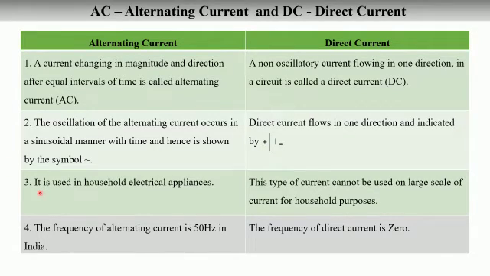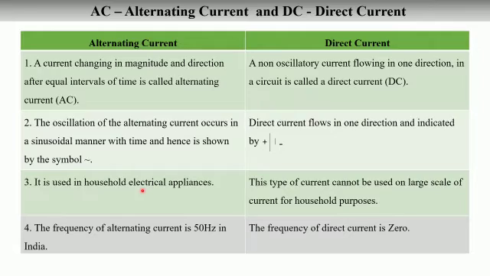Third point, it is used in household electric appliances. So alternating current is the one which is used for the functioning of various electrical appliances in our home. We know that electricity is generated at very far away places and it is transmitted over very long distances.